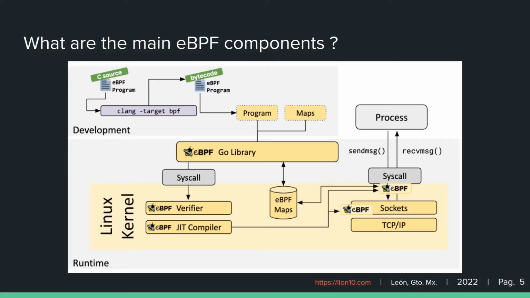It validates that the program meets several conditions, such as that it doesn't run into endless loops, or that the program is a closed system, so to speak. And then it has a just-in-time compiler, which translates generic bytecode of the program into the machine-specific instruction set to optimize execution speed of the program. So it compiles it down to the CPU, so to speak.